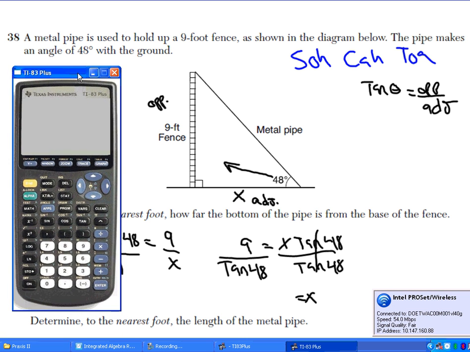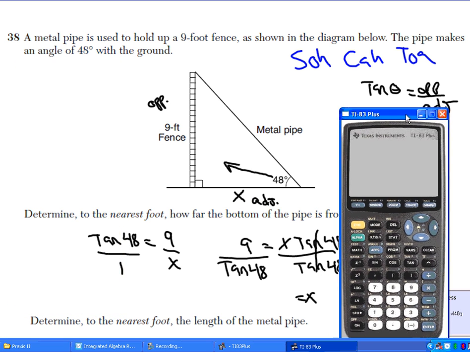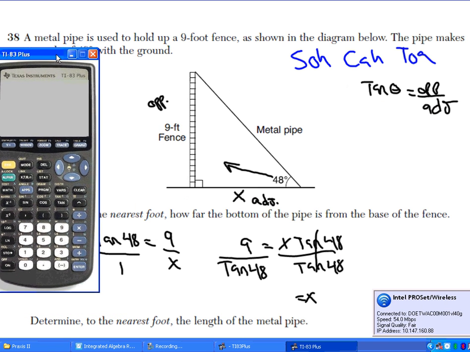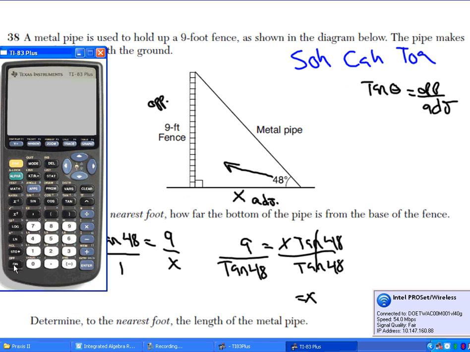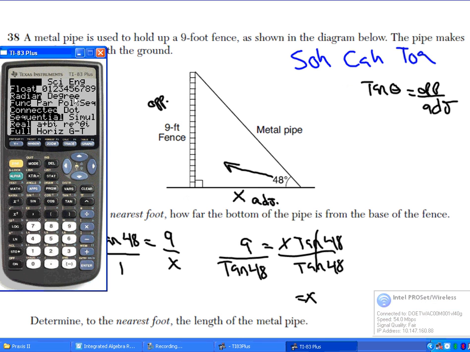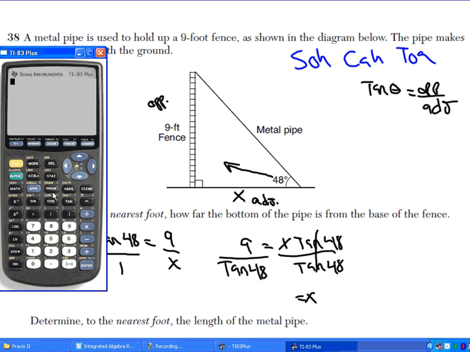We're going to use our graphing calculator. So we're going to turn on our calculator. We're going to make sure we're in degree mode, since we're working with degrees.